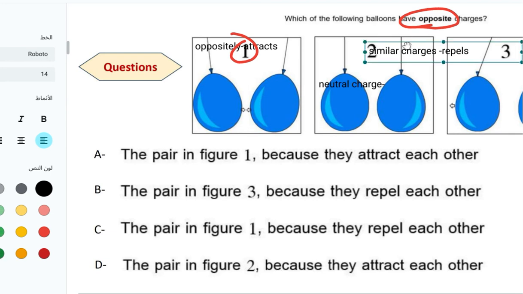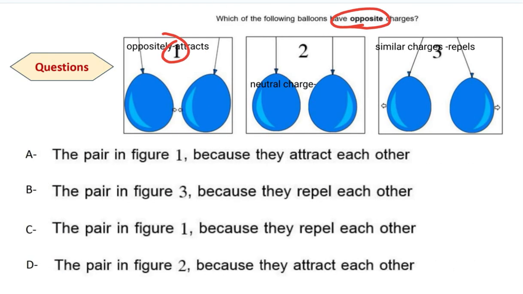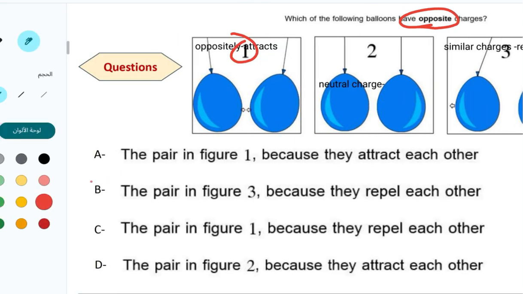So that eliminates choice option B, and it eliminates D. So in pair figure 1, we know that they have opposite charges because they attract.